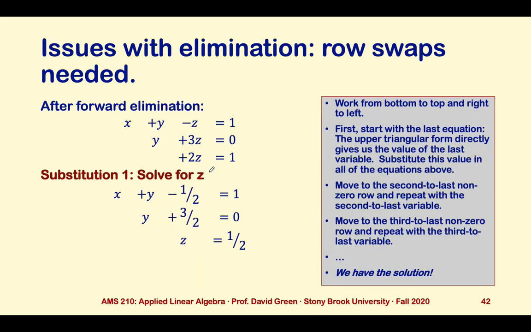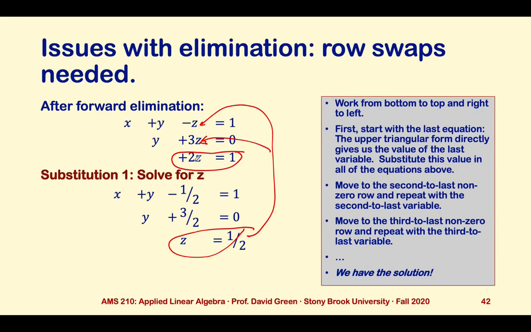Just to give a little bit of extra practice on how we do this, focus on our last equation, bottom row, last variable, solve. 2z equals 1 means z equals half. Take this answer and substitute it in to the places where there is z in the rows above.